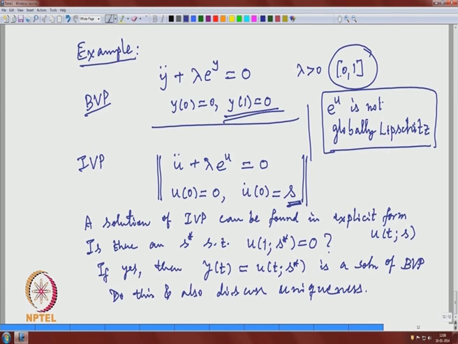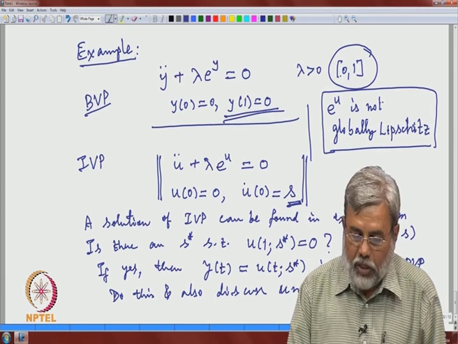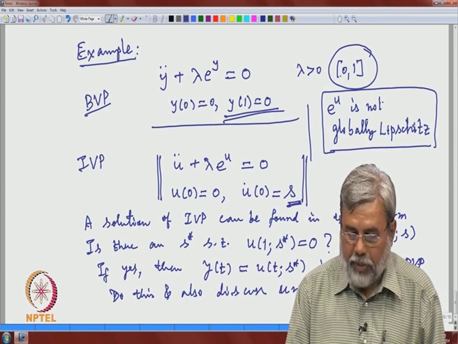With that I come to an end of this simple discussion on boundary value problems. We first discussed the linear boundary value problems, in which we have the advantage of fundamental solutions from the linear system, but in the case of nonlinear systems our approach was through this IVP.